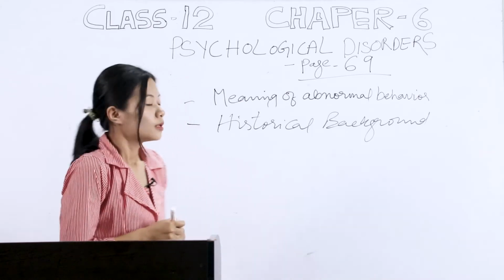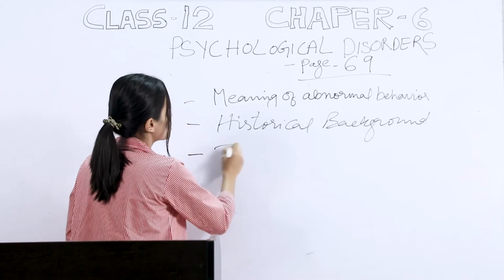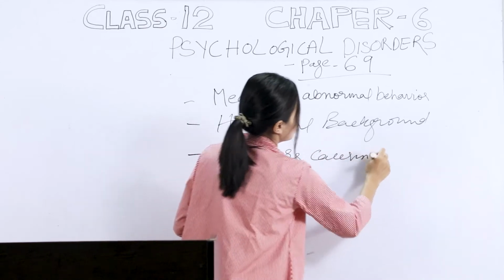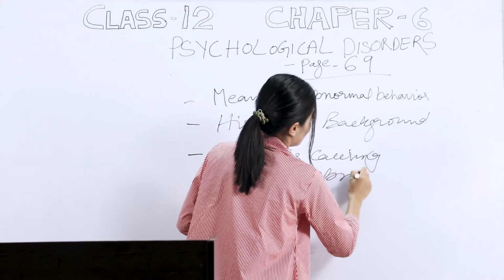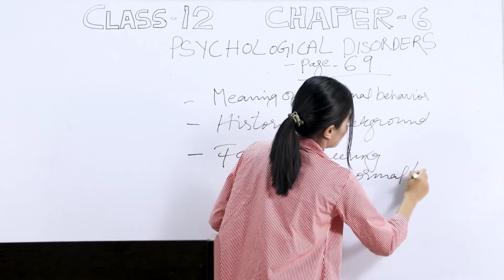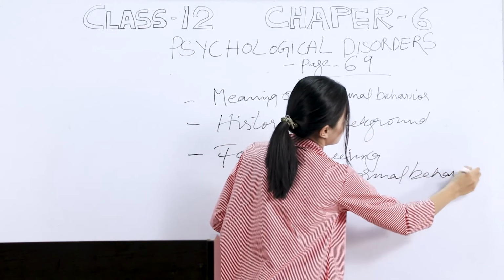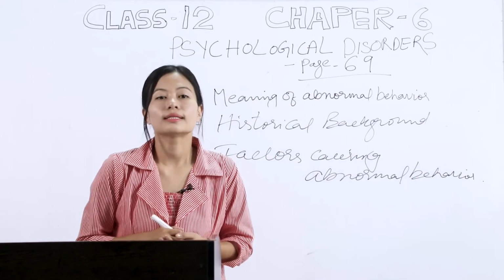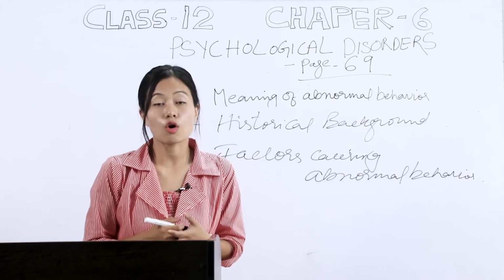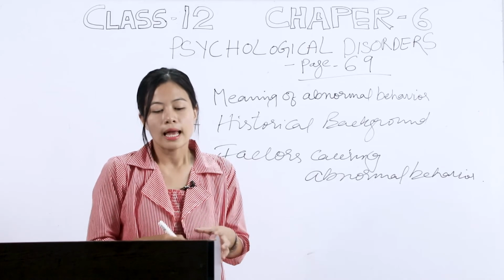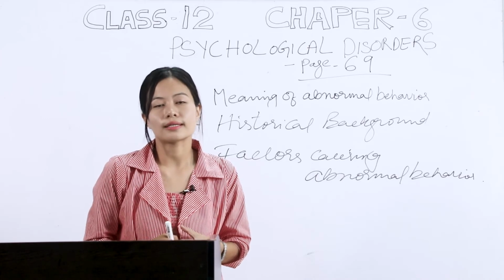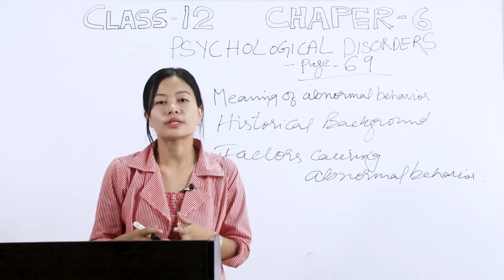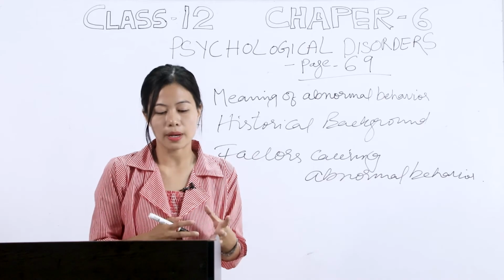Now the next topic is factors causing abnormal behavior. In order to understand abnormal behavior, psychologists use different approaches, and each approach emphasizes a different aspect of human behavior and explains and treats abnormality with that aspect.